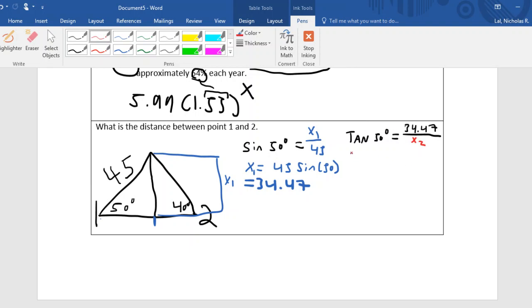So x2 times the tangent of 50 is equal to 34.47, and so that means x2 is equal to 34.47 over the tangent of 50.